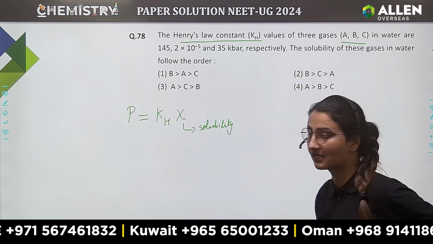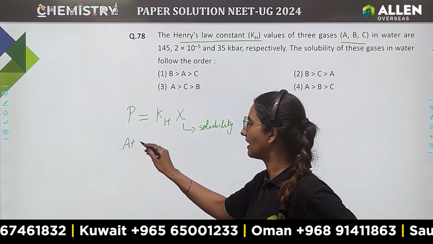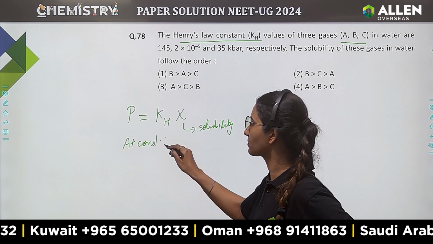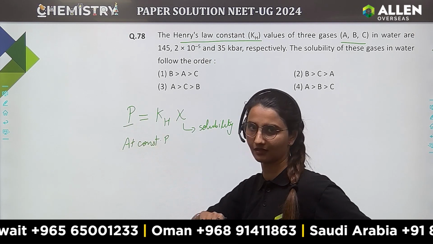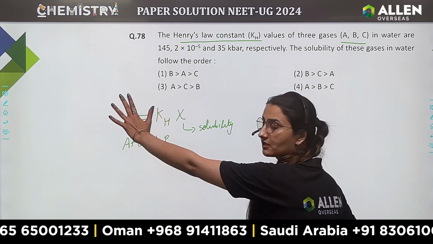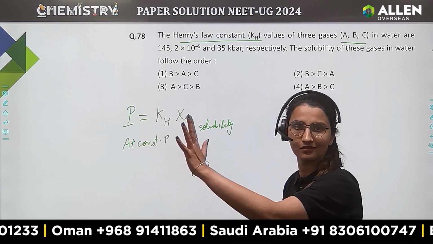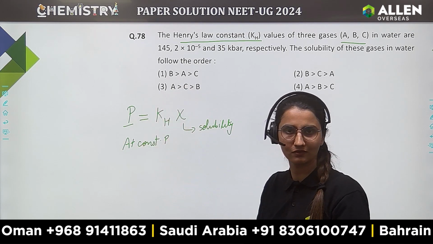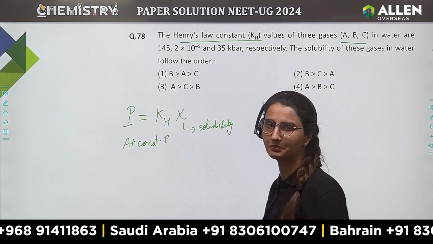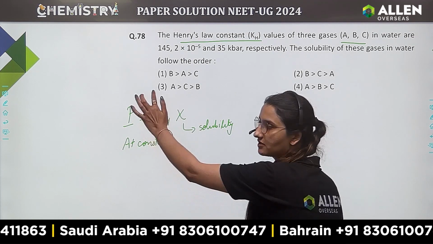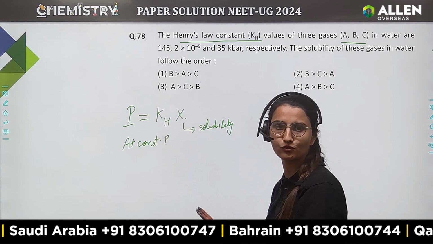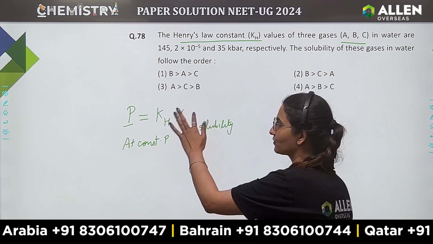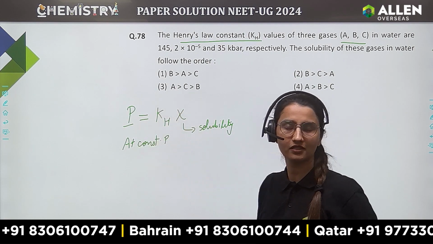Correct? The concept is, students, at constant pressure, if the left side is made constant, obviously the right side is constant, no? If the right side is constant, it means if kh is increased, chi solubility has to decrease. If solubility increases, kh has to decrease.